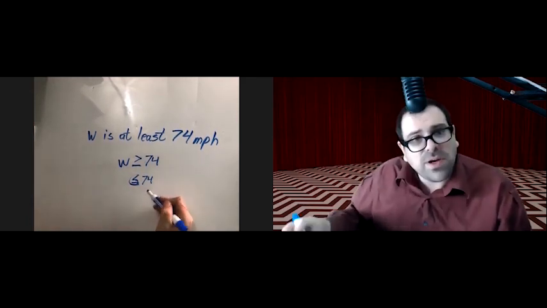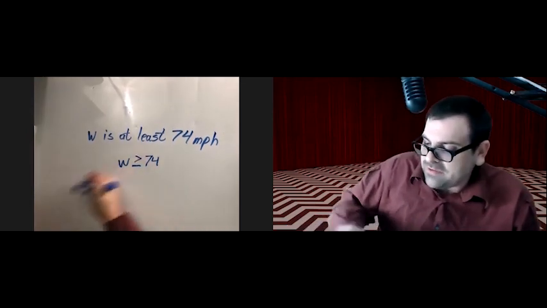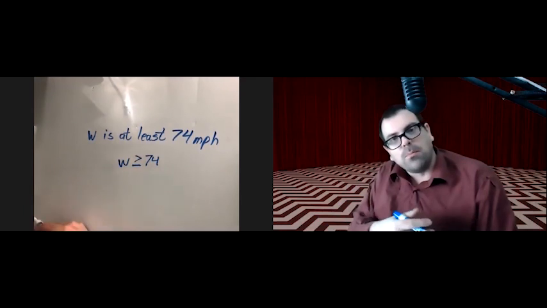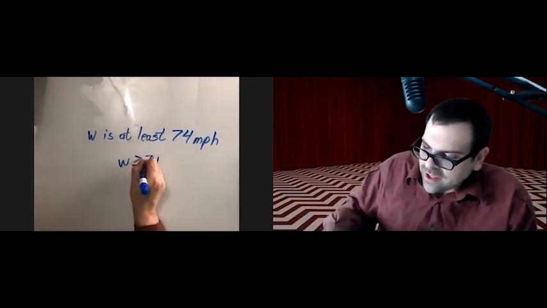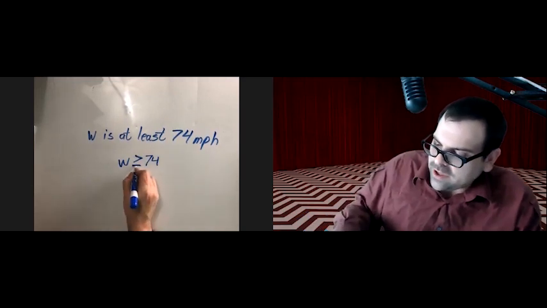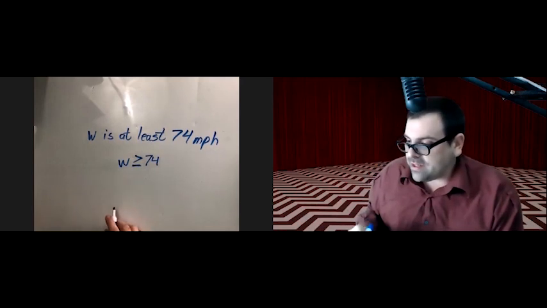If it's facing this way, 74 is the big number. So since the numbers would have to be 74 or more, greater than 74, we put our greater than sign in. And we have or equal to because 74 itself is at least 74.